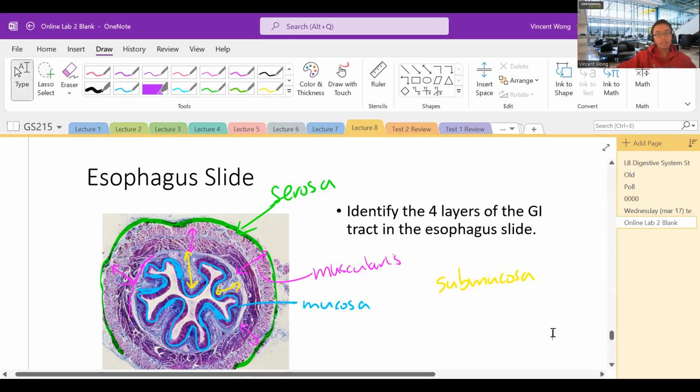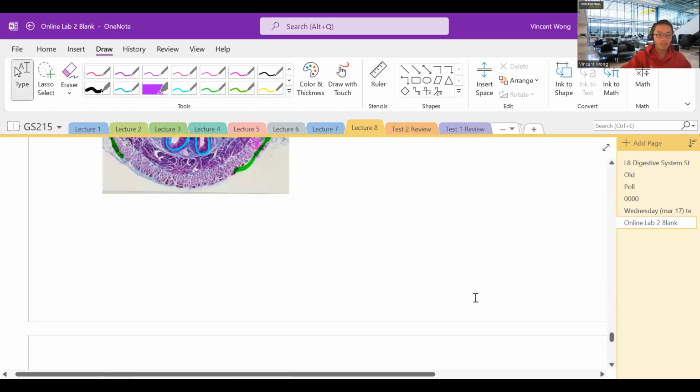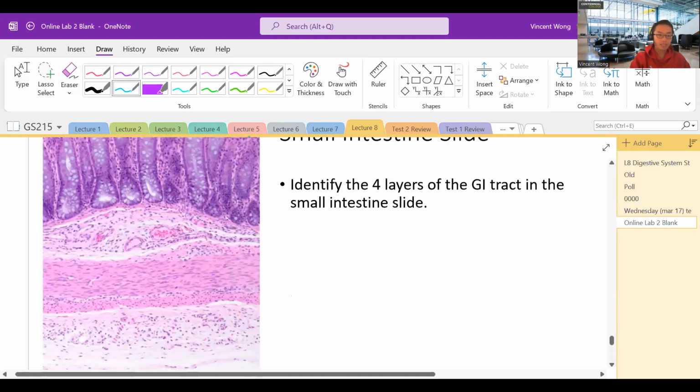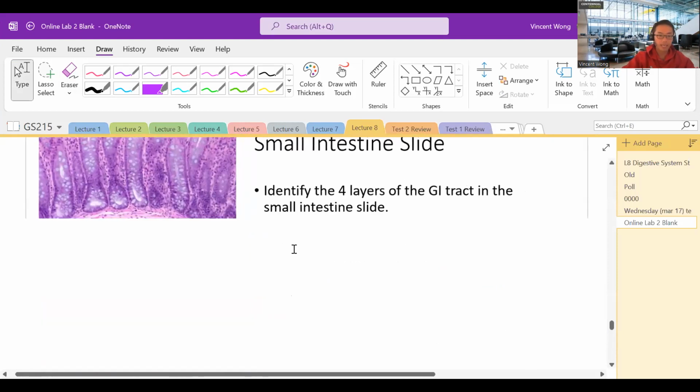And let's look at this. This would be a cross section, right? A transverse section. Let's look at it from a different perspective. This is the small intestine. And let's see if we can find the 4 layers again.